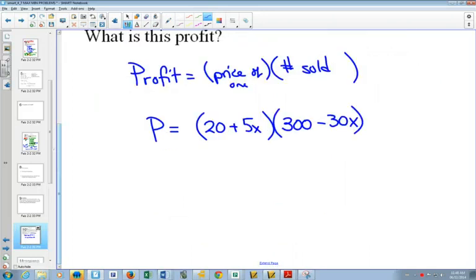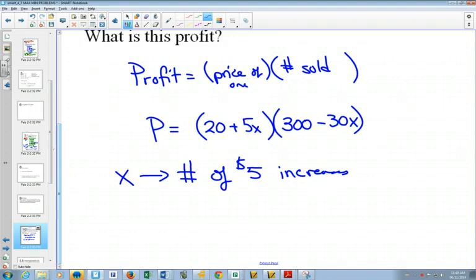Now that we've made our equation, what is x? Well, if x is 1, then x represents the number of $5 increases. Does that make sense? If x is 2, I've had two $5 increases. If x is 3, I would have 3 $5 increases.